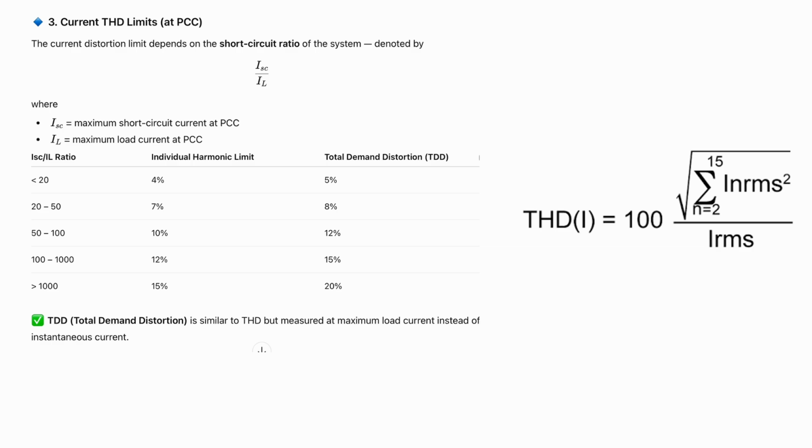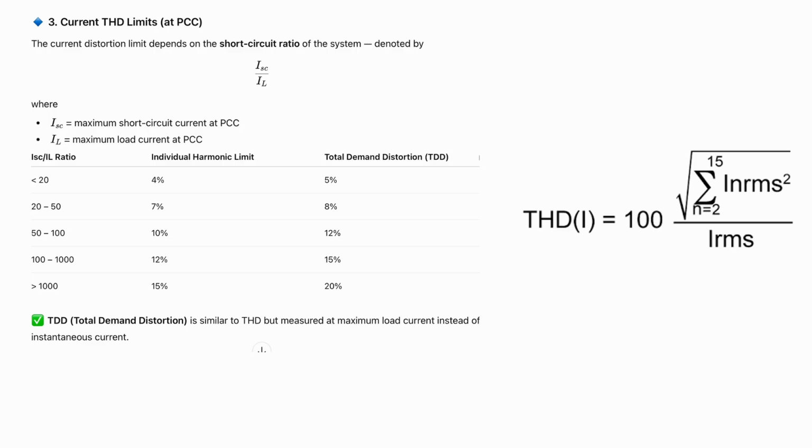That's why THD values are usually low, typically under 5% in a well-designed system. However, when THD-V increases beyond its limit, you may face insulation stress, capacitor heating and malfunctioning of sensitive devices.